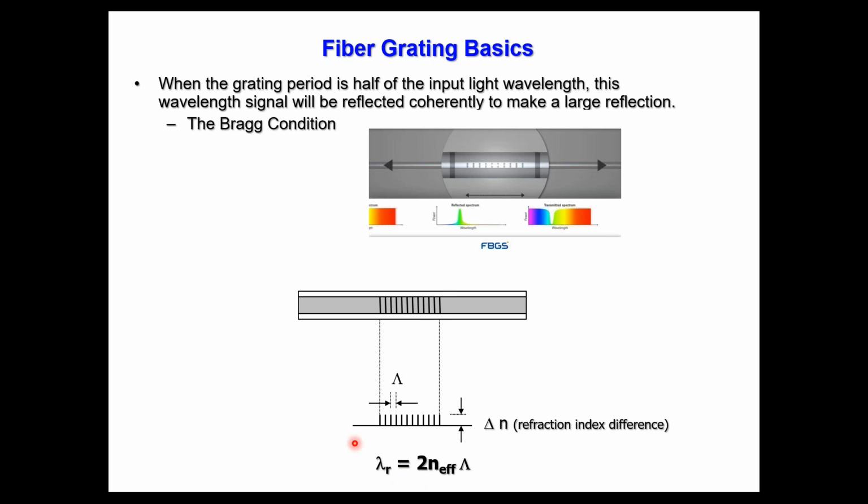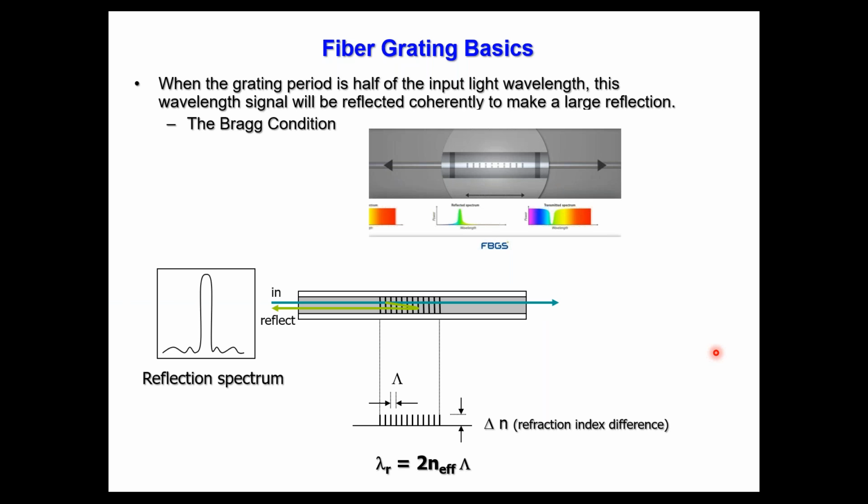If it obeys this condition, lambda is equal to 2 n effective capital Lambda, where capital Lambda is the periodicity, this particular lambda of the light will be reflected back. So that is the condition to be satisfied. This is the incoming radiation and some part is reflected back. This is the reflection spectrum, and the rest will be transmitted, and in the transmission spectrum you will find a dip.